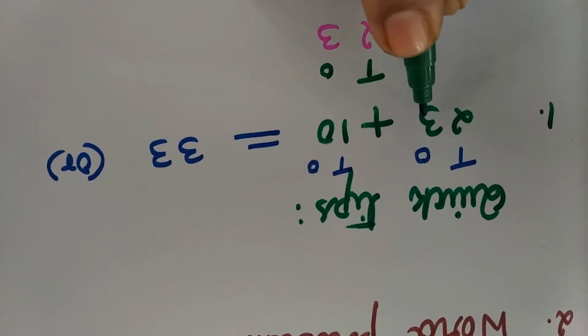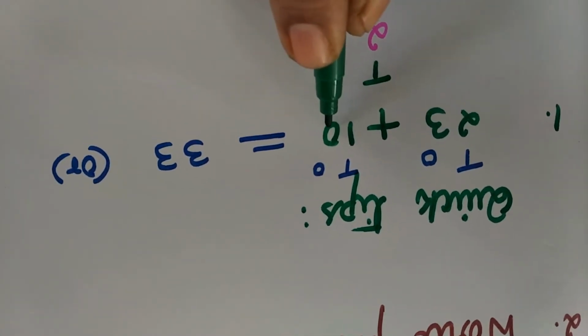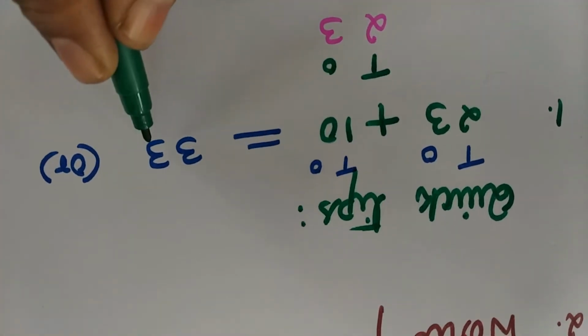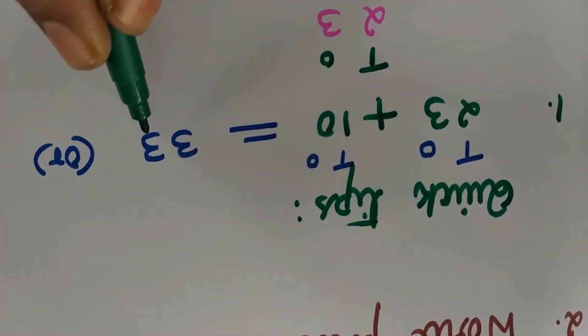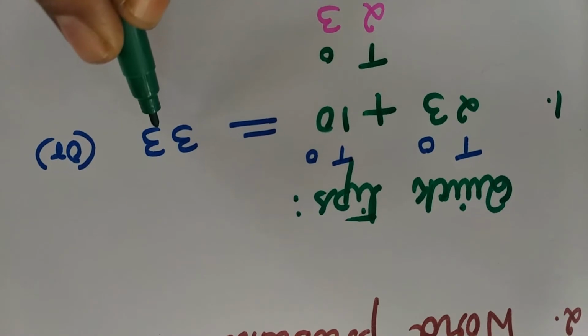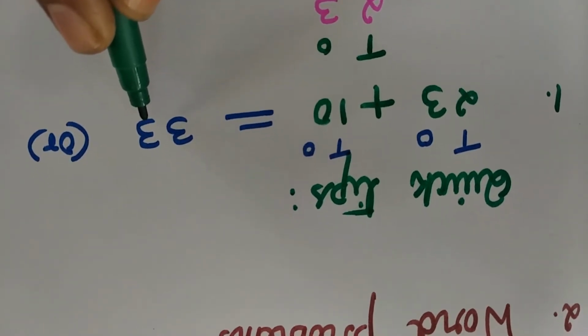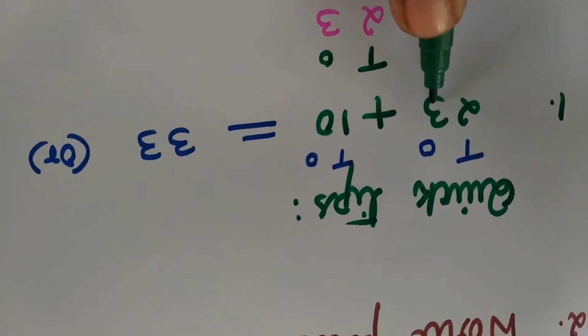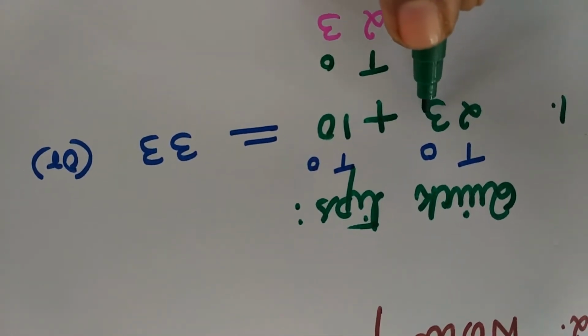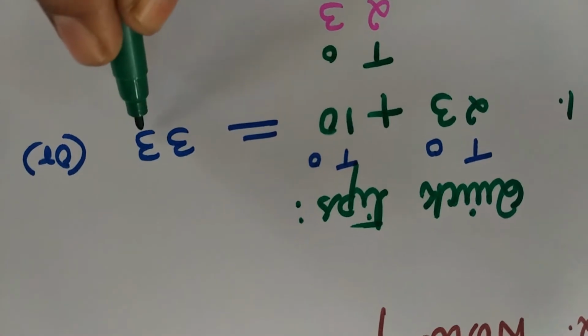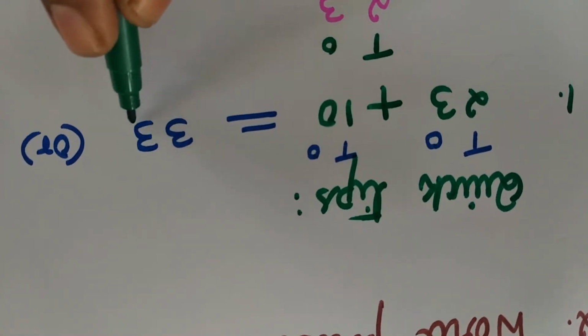If you add 3 plus 0, we will get the same number. Already we have seen in the last session, any number if you add with 0, we will get the same number. So here the number is 3, and you want to write 3.